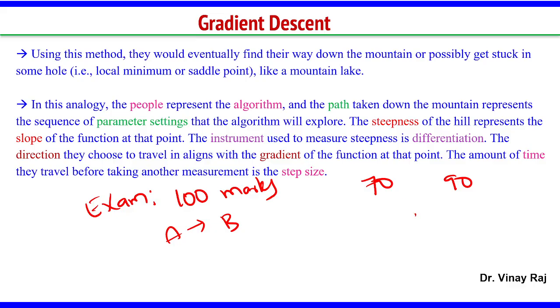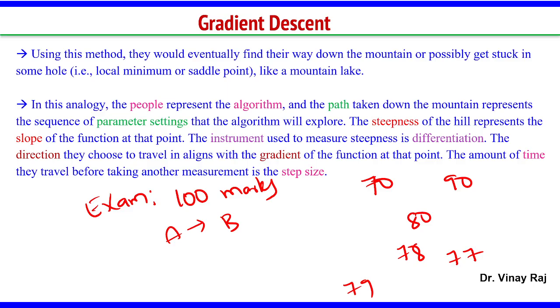Then B says 80. A says you are closer but not exact. Then B says 78. A says yes, you have almost reached it, but it is not exact. Then B makes another guess, some 77 or maybe 79.